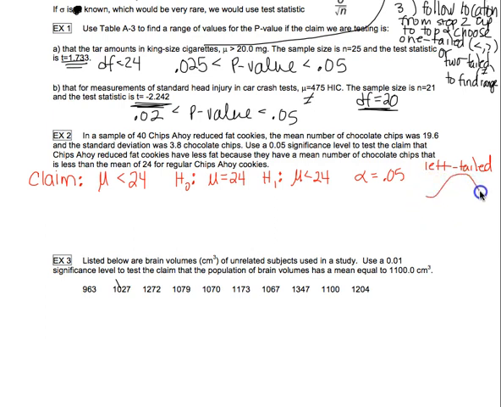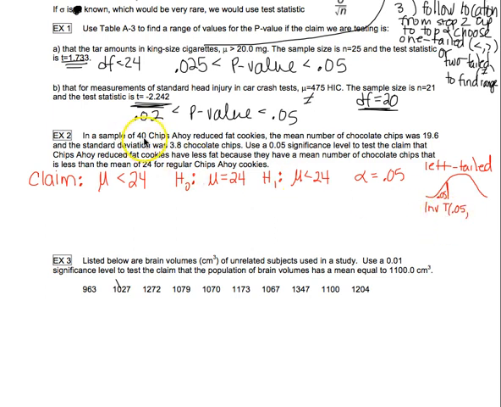Again, on a left-tailed test, that would mean that that alpha area is only on the left side. Because this is a T situation, use inverse T, not inverse norm. So inverse T of 0.05 with, I have to enter the degrees of freedom.